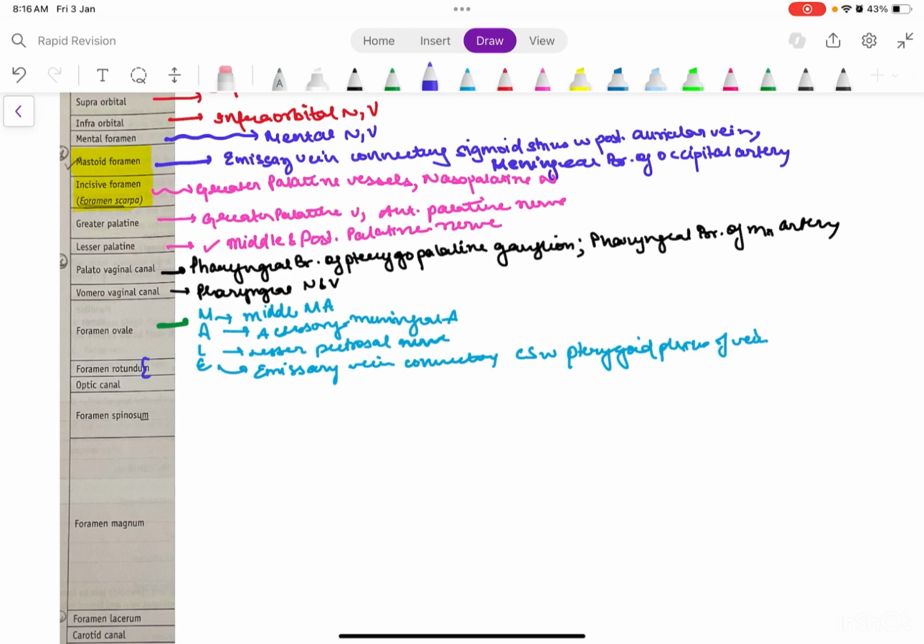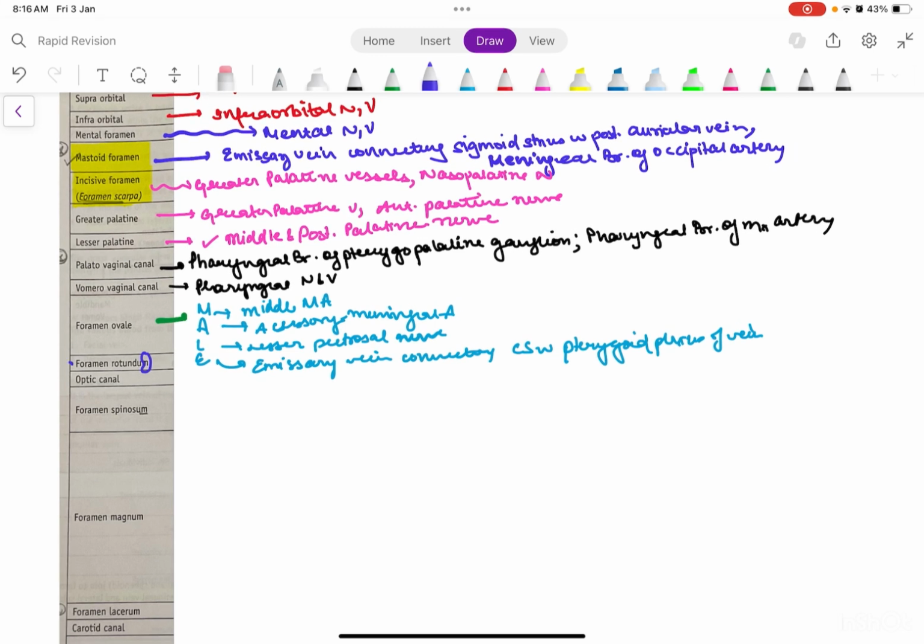From foramen rotundum, you have to remember M. So this we all know, the maxillary nerve. Optic canal: optic nerve and ophthalmic artery.